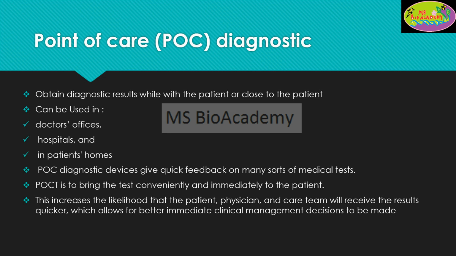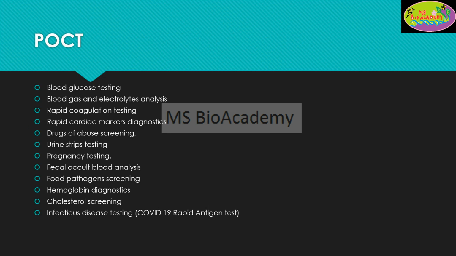So we can get better and quicker medical treatment, and the clinicians will be able to diagnose and take decisions quickly based on what kind of ailment it is and what kind of treatment is to be given to the patient. POCT devices are mainly used for blood glucose testing, blood gas and electrolyte analysis, rapid coagulation testing, rapid cardiac marker diagnosis, drugs of abuse screening, urine strip and pregnancy testing.